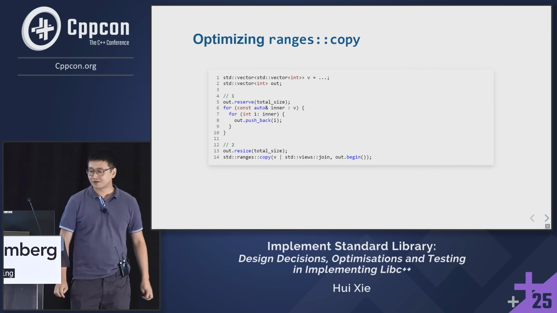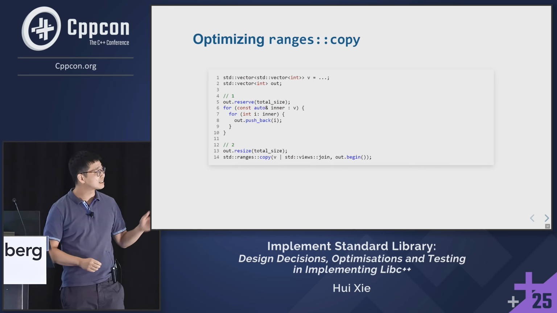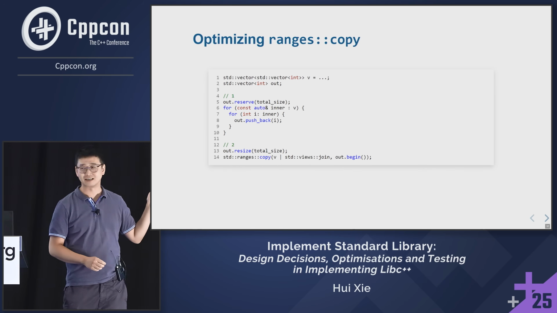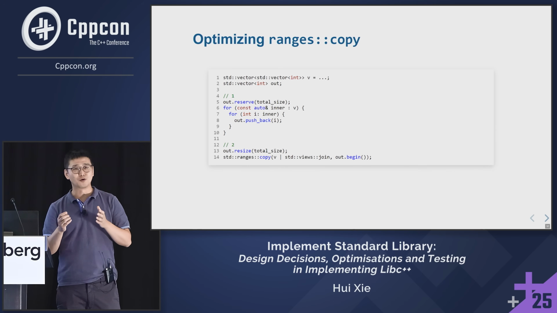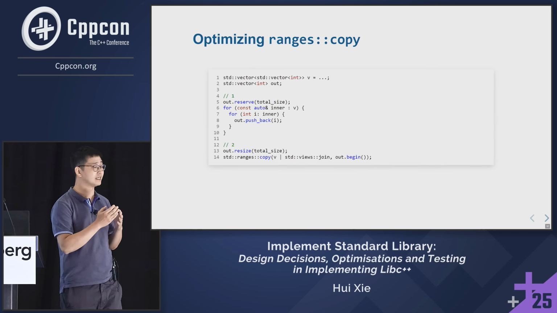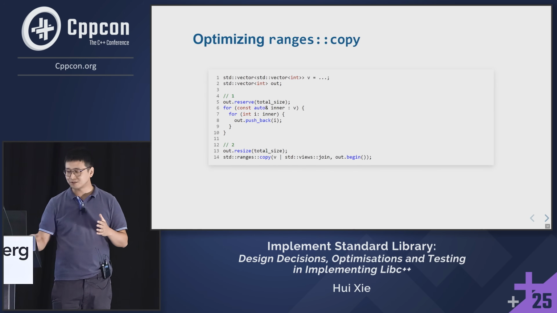Okay, so let me move on to the next algorithm, ranges copy. In this case, we don't have a deque anymore. We have a vector of vector of int, like a nested vector, as an input. And all I want to do is copy every single int element into my out vector. And there are two ways.